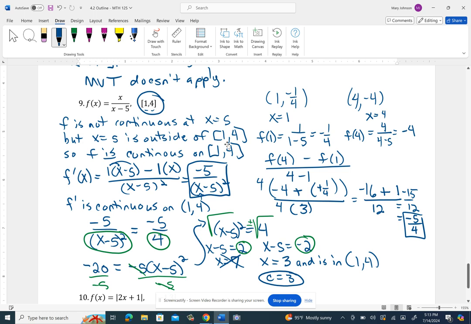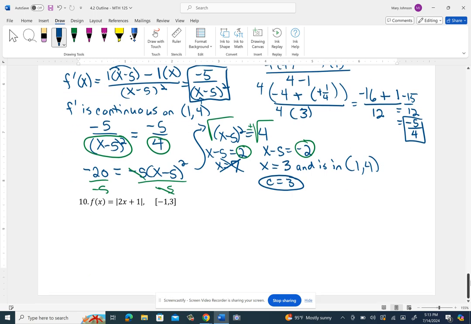Okay. One last one I just wanted to look at is this guy right here. On this one, the mean value theorem is not going to apply, but I just wanted to come up with an example with one of those sharp points. And here's a case where it can happen. So you probably know already that the absolute value of x is a v-shaped thing with one of those sharp points.